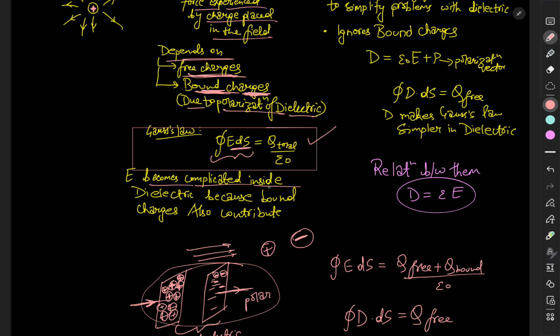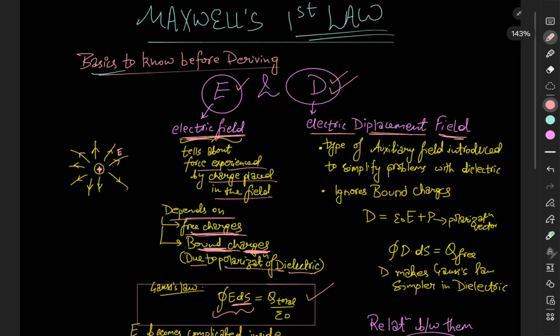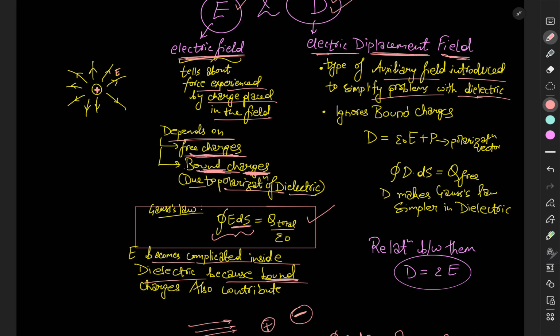But this electric field becomes complicated in case of a dielectric because bound charges also contribute. Then what is D? D is the electric displacement field. It is a type of field introduced to simplify the problems in the dielectric. In the case of the electric displacement field, we ignore the bound charges.